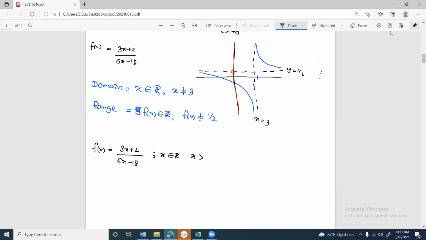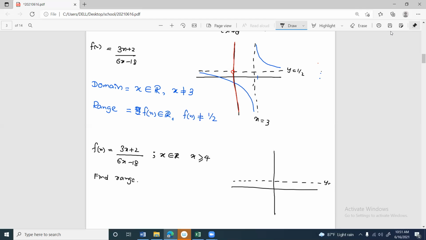X is greater than or equal to 4, or greater than 4, it doesn't matter. Now if I refer to this graph, they ask you to find the range. That's the question in our hand, right? So you can basically understand the graph. We have to draw the graph.